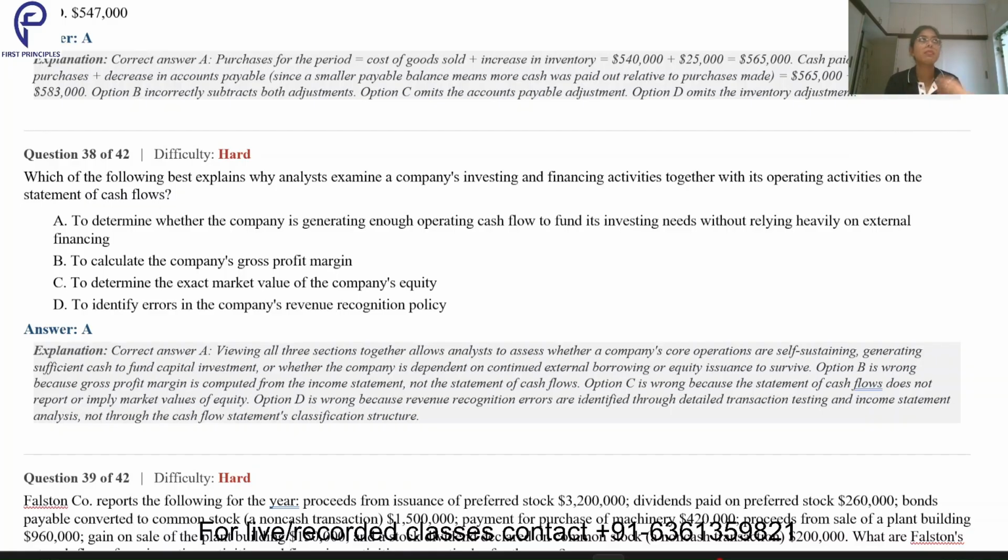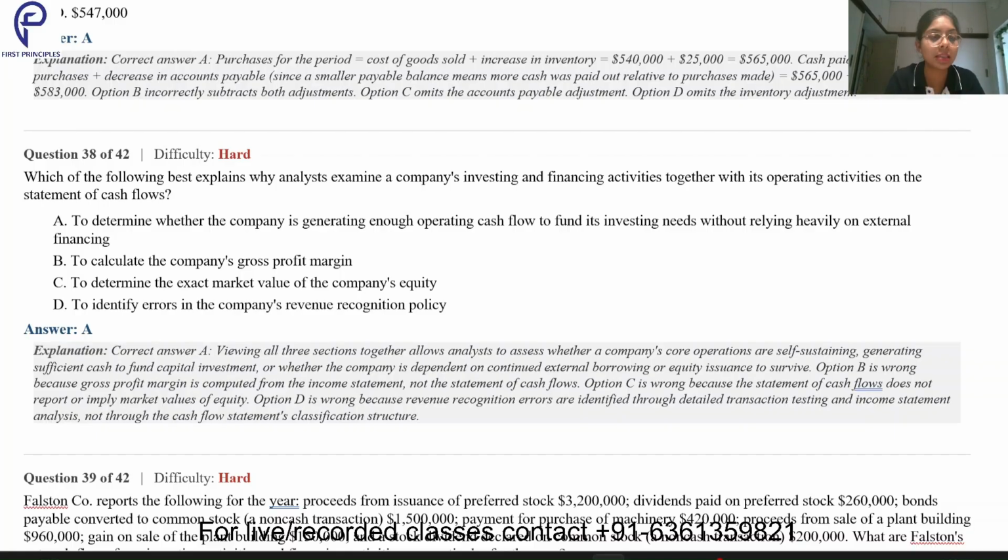Why? Because that's why we investigate the investing and the financing activity. Why do we have all these three activities together? So that we can understand whether we are generating enough cash from the operating activity that can fund my investing activity without more and more relying on the external financing sources from the financing activity. So that's why option A is the correct one.